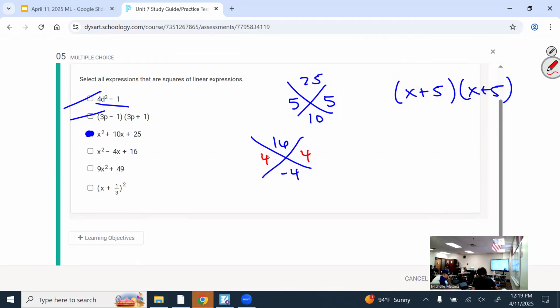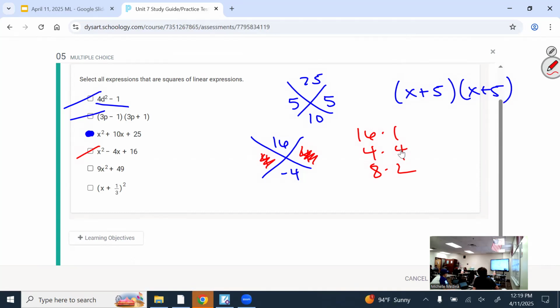So then it's not that way. This is not a perfect square. Let me even see if there's other numbers that make that work, because it might be prime. I can't think of any that make it work, so this one's actually prime. It's not going to be factorable at all.